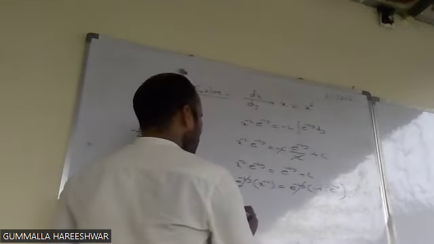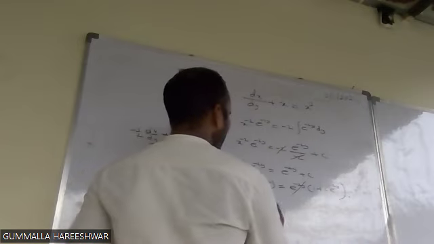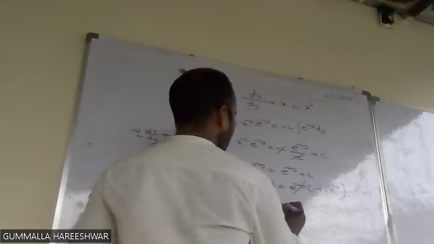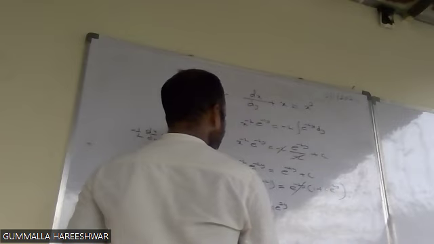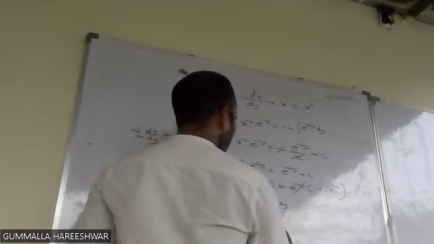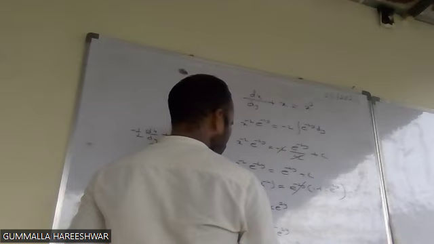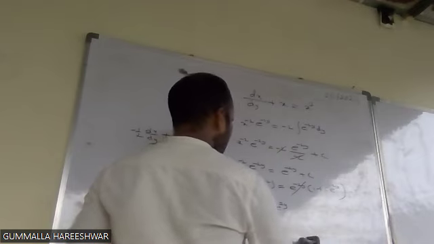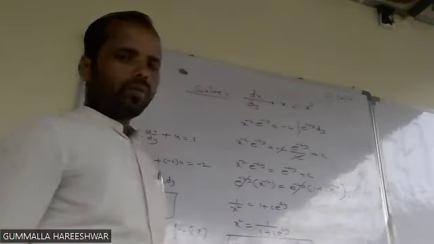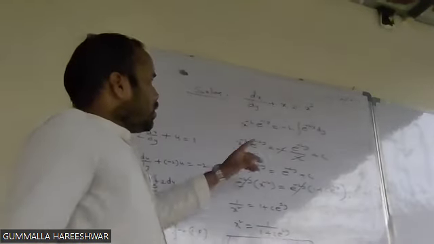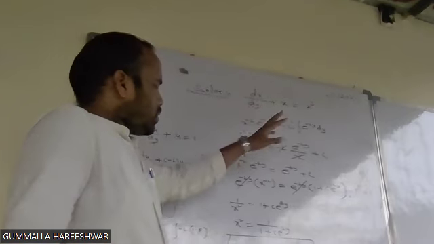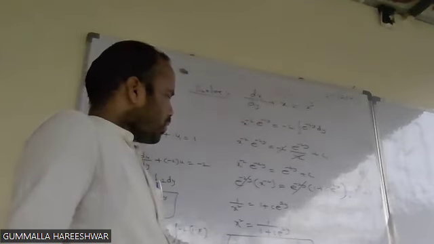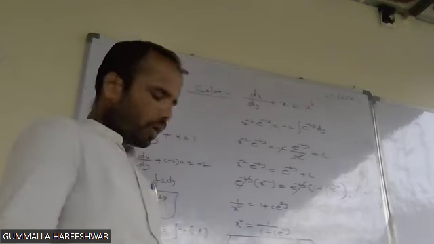So 1 by x square is equal to 1 plus c. We can write x square plus x square into 1 plus c power 2y is equal to 1. So this is our general solution for the given Bernoulli equation in x. The general solution is x square plus x square times 1 plus c power 2y is equal to 1.